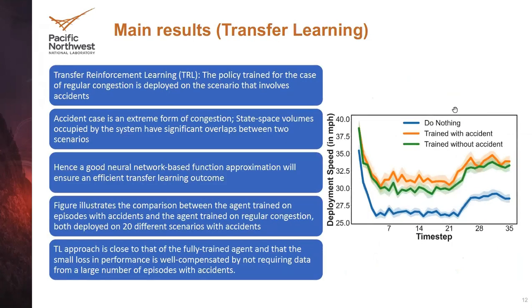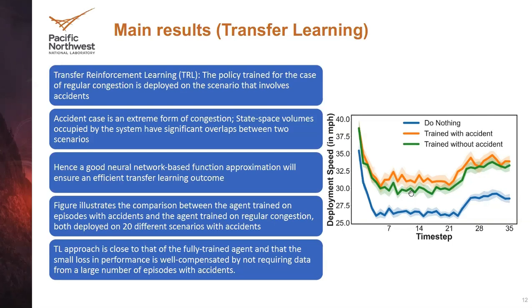And finally, here we have some results from transfer learning, wherein you train the model on just a regular congestion, but then you deploy it on the accident scenario. Again, here we show that if you don't do anything, this is the average speed achieved. And then the A2C controller, when trained with the accident, is this orange profile.